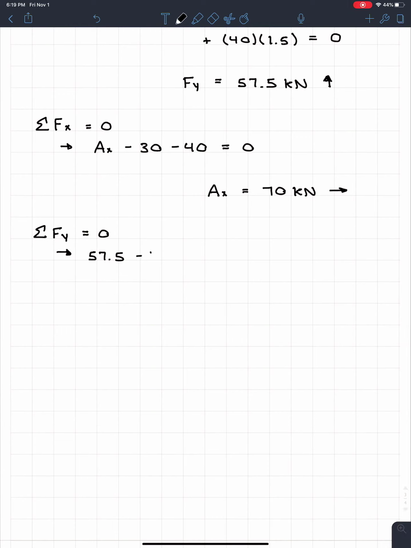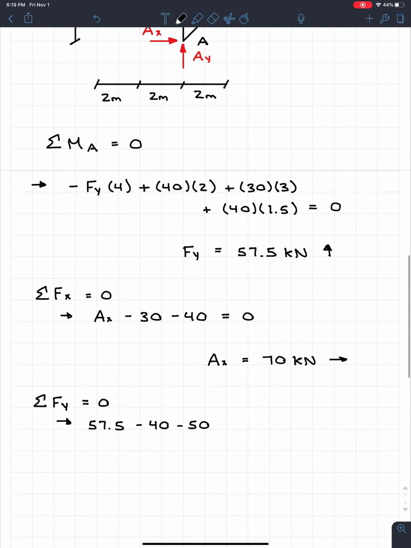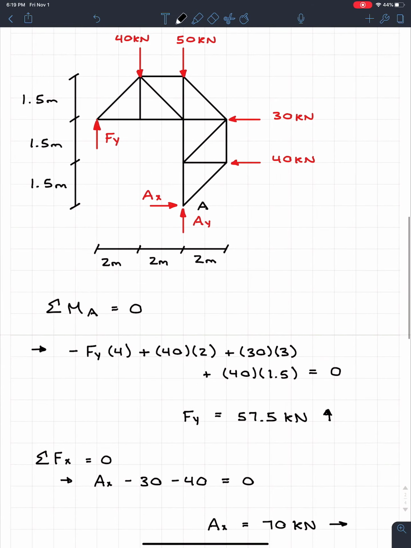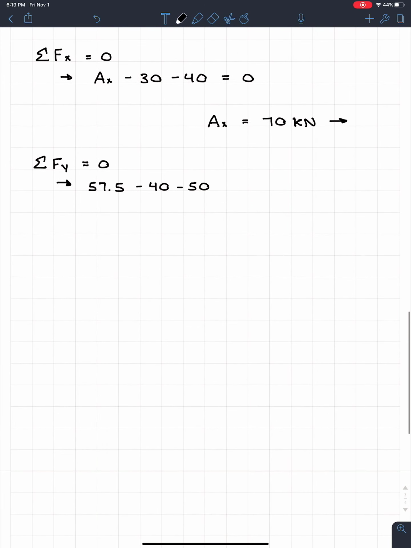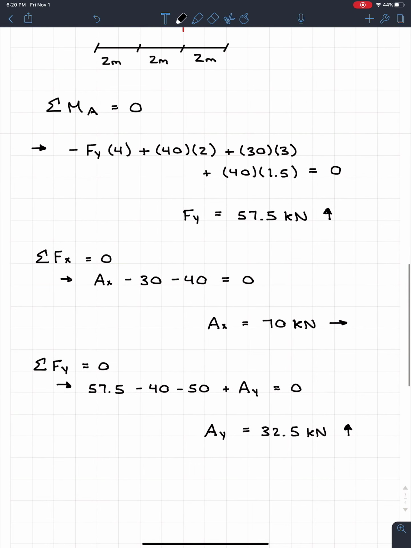So minus 40 and then minus 50. And if we look up at the diagram, we have an AY assumed going upwards. So we're going to go plus AY is equal to 0. And when we solve this, we get AY is equal to 32.5 kilonewtons. And it was a positive answer, so we know that our assumed direction of up is also correct. So now we have our support reactions.